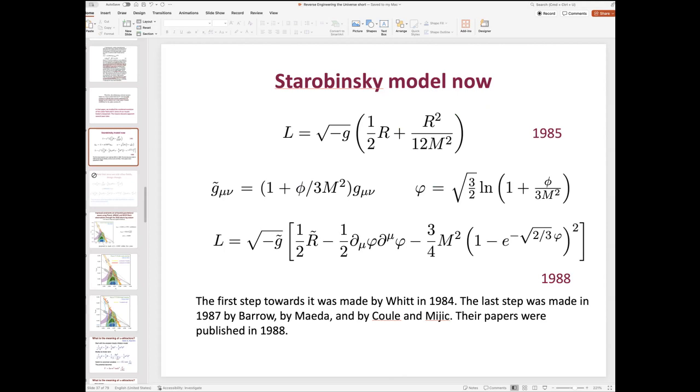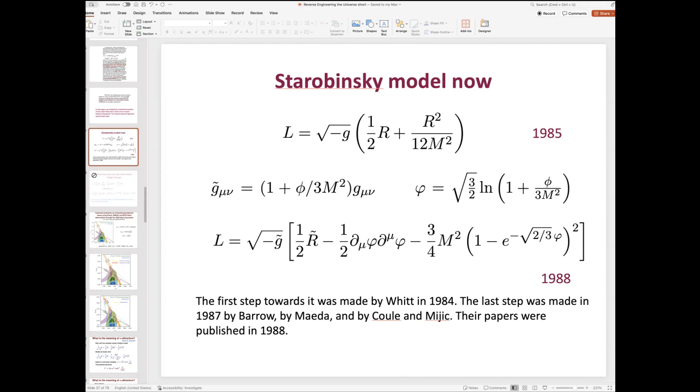So what is the interpretation of this model? Then you do two things. First, you change your metric. And after you change the metric the way I've written, this R squared term disappears. It becomes absorbed, and this was done by Witten in 84. This term becomes absorbed into a scalar field. So you have an extra degree of freedom in this theory, not just gravity, but a scalar field.